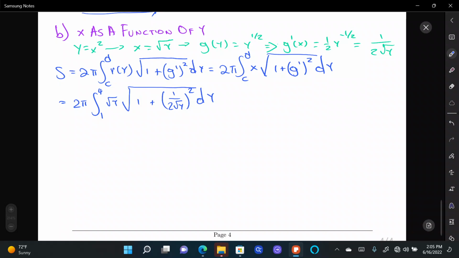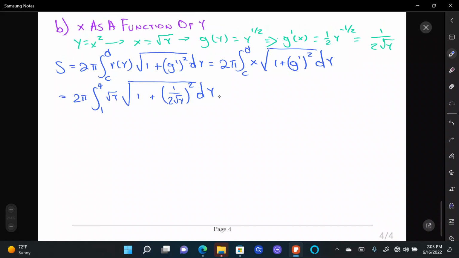So a few algebraic steps here and there. Let's square the numerator 1, which is going to be 1. And the square of 2 radical y in the denominator, well, square the 2, that's going to give us a 4 and a y, dy.